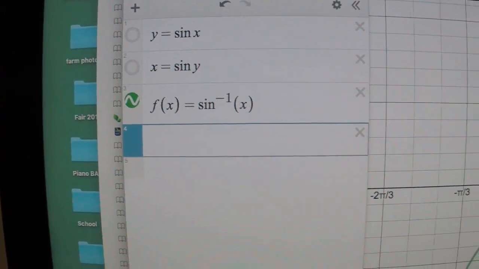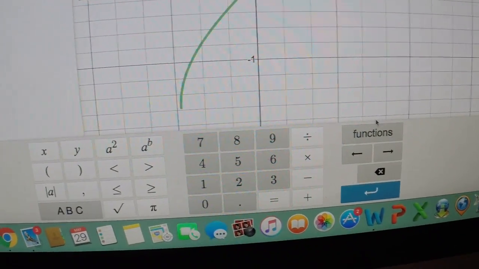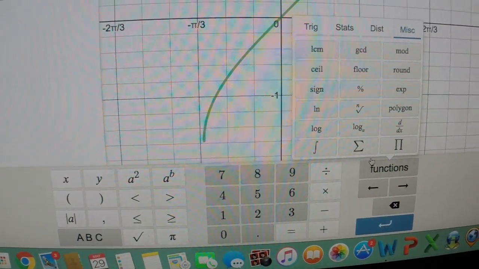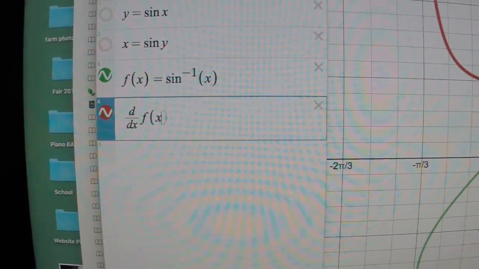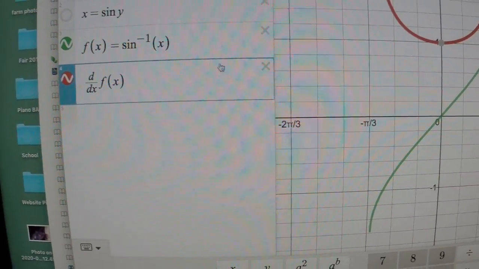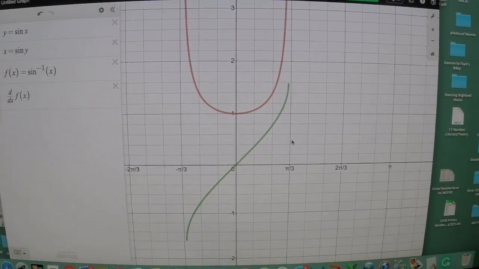I'm going to Desmos, go down to the functions, and pick miscellaneous, derivative, and I'm going to graph the derivative just so you can kind of see. So there is the derivative of arc or inverse sine.